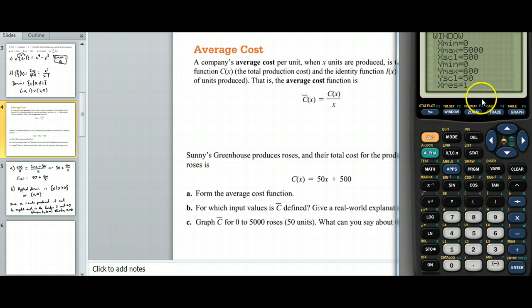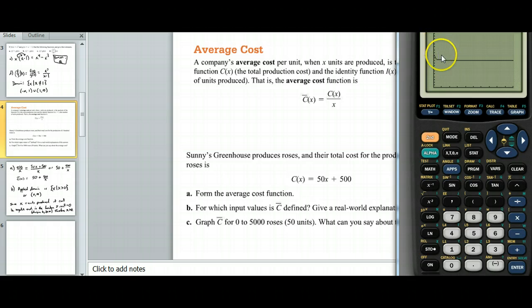Now you can't really see it here because of y max, let's make that 100 and see if that makes any difference. Yeah, when it's a little bit smaller of a scale, you can see how it's bending right here.